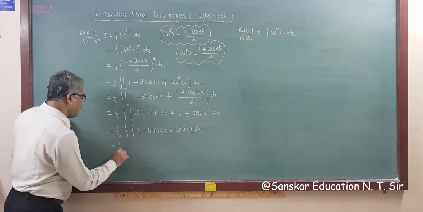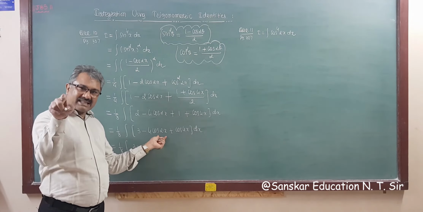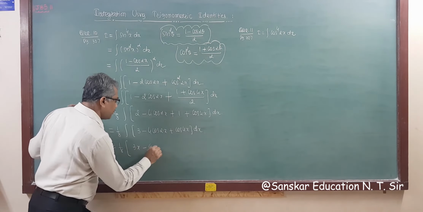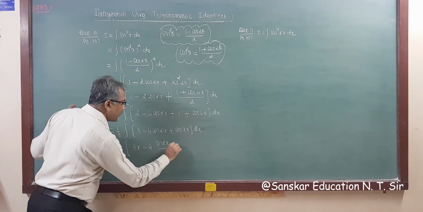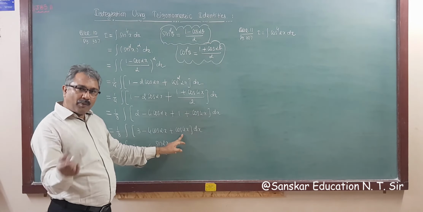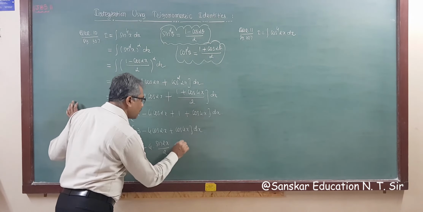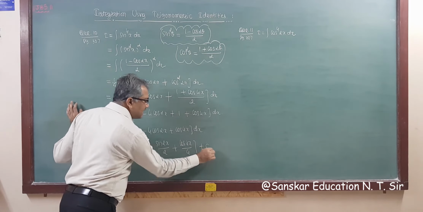Now integrating this, what do we get? 1 upon 8 integration of this is 3x minus 4. Integration of cos is sine, so integration of this is sine twice x upon 2, plus integration of cos 4x is sine 4x upon 4, and plus c.